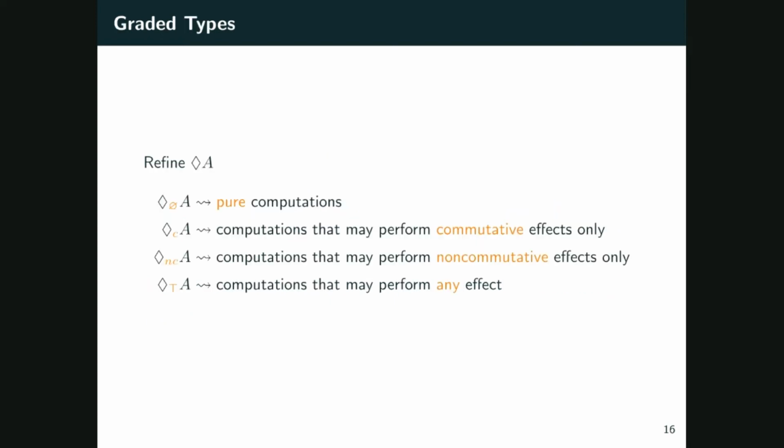And there is, of course, a natural solution to this problem, namely to refine our diamond types by attaching to them annotations that express the kind of effects that may be produced. So we may have diamond types for computation that may perform commutative effects only, or for computation that may perform non-commutative effects only, or more generally for computation that may perform any kind of effects.